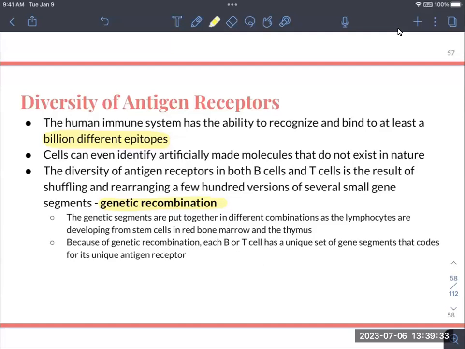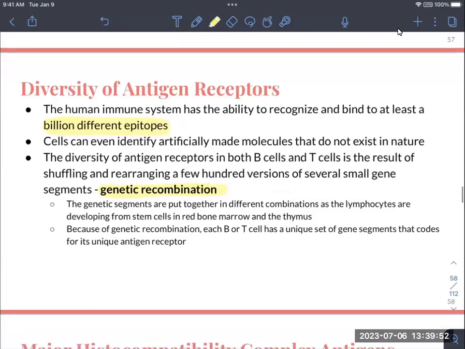This is what allows people who come across specific microbes to never react to them, because of this genetic recombination, their system fights it off right away instead of reacting to it.